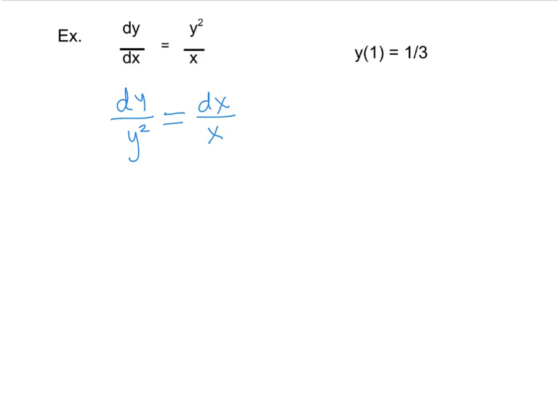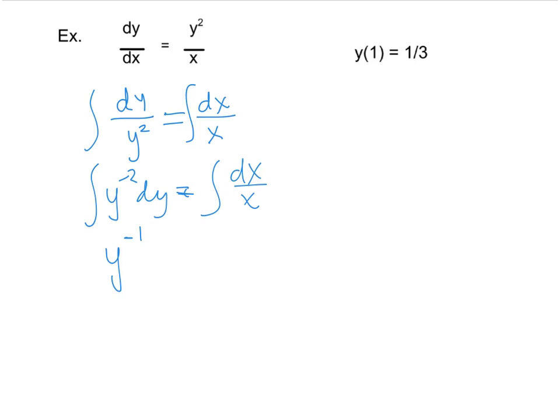The next thing I need to do is integrate both sides. So this is the integration of y to the negative 2 dy equals dx over x. This is going to be y to the negative 1 over negative 1 equals the natural log of x plus c. My initial condition is 1 and 1/3.